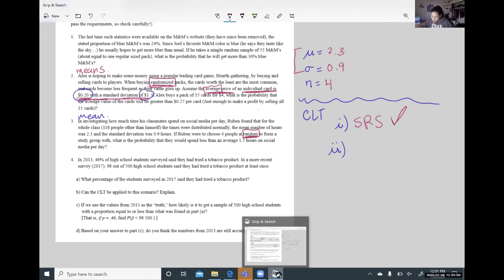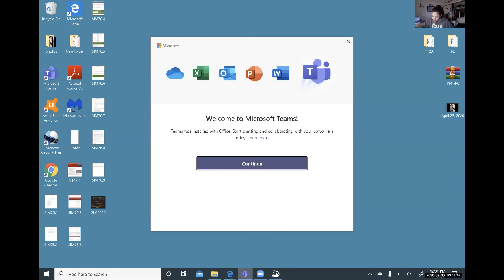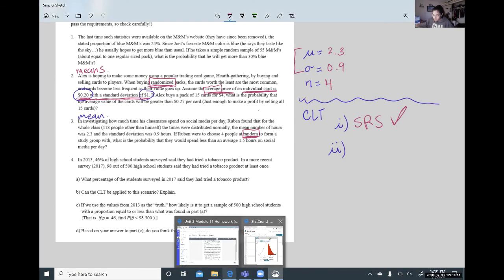The second requirement is that little n is greater than or equal to 25, or that the population is random. Little n is 4, which is not greater than or equal to 25, but we have a random population here, so this one does get satisfied. We also have that the times are normally distributed, which lets us know that we have a random population.